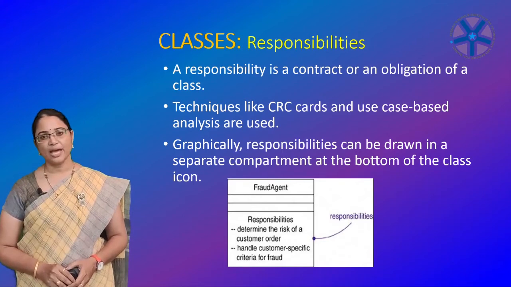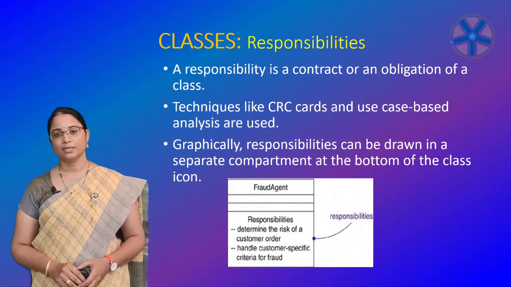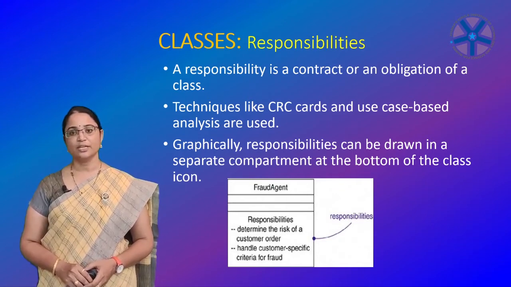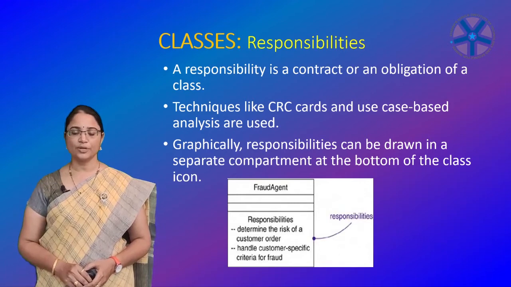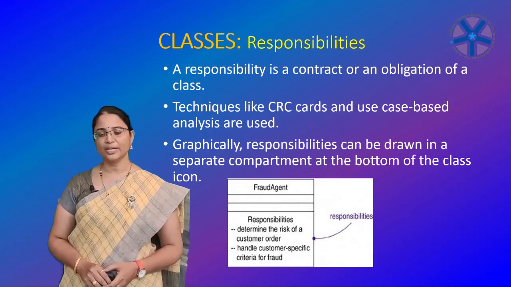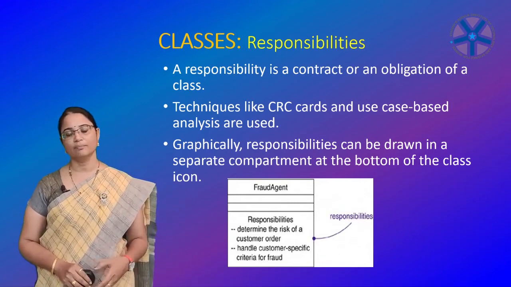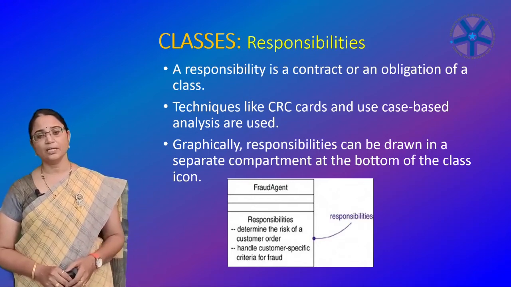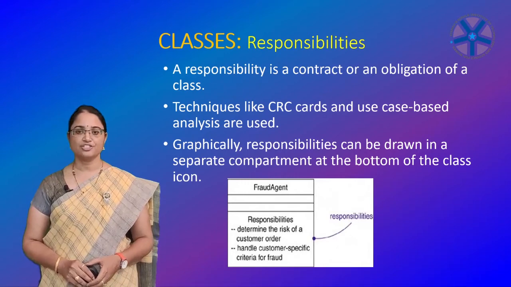So there are a few more characteristics of a particular class. Sometimes, however, you will need to visualize or specify these characteristics, such as the visibility of the individual attributes and operations. For visibility, as I told you, we can take the adornments like plus, minus, hash, package. Plus indicates public, minus indicates private, and hash indicates protected.